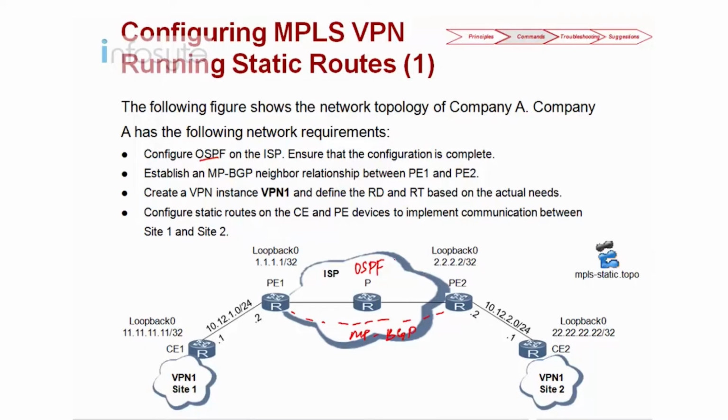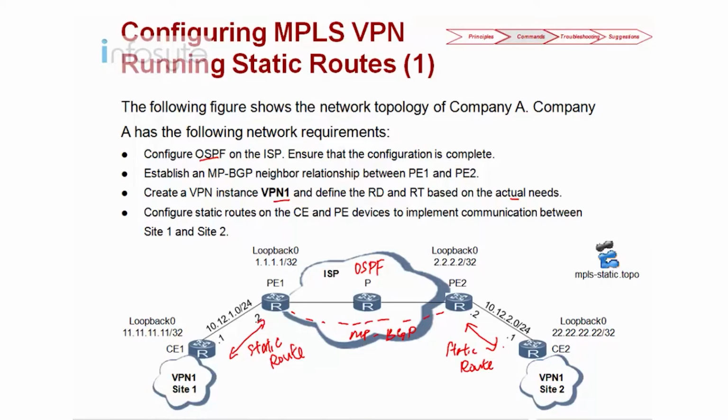Then create a VPN instance called VPN1 and define the route distinguisher and the VPN target based on the actual need. This one later we're going to design, the route distinguisher and the VPN target. Then configure static routes on the CE and the PE device to implement communication between site 1 and site 2. It means that between PE1 and CE we need to perform static route. Same case for this portion, we define a static route.